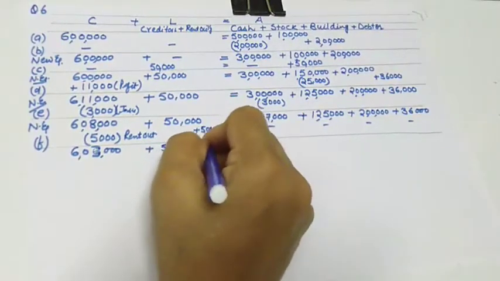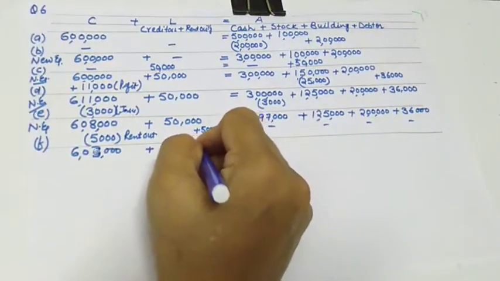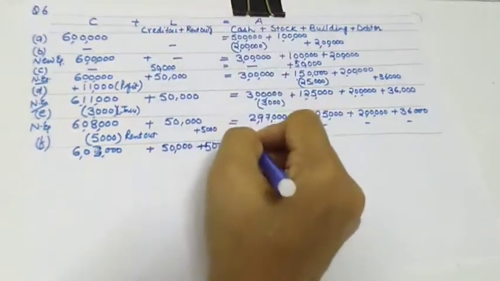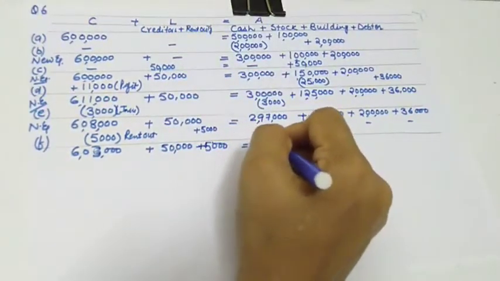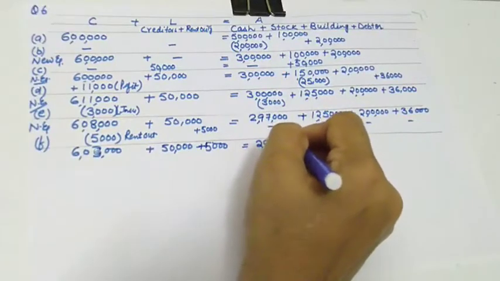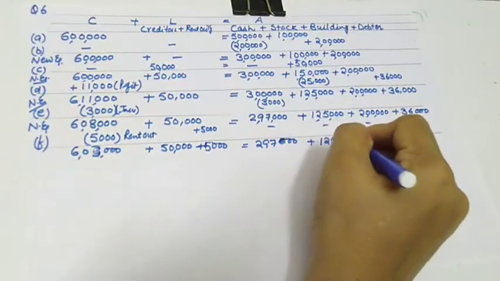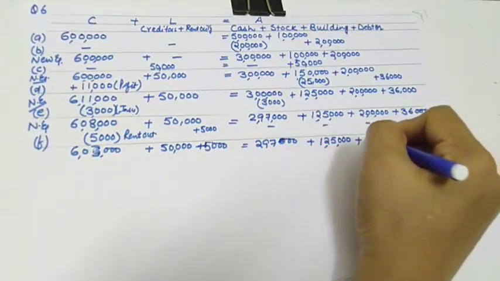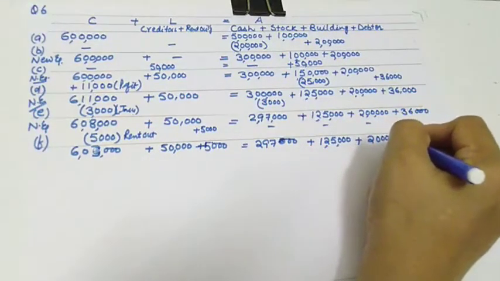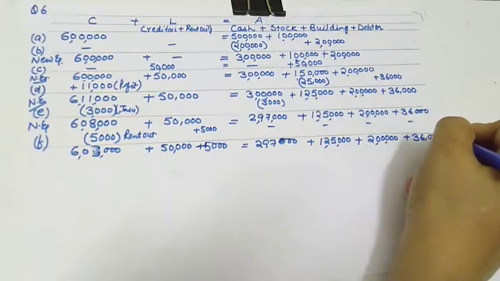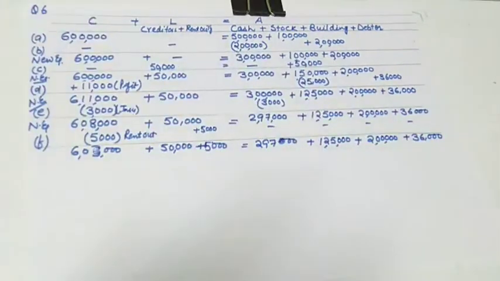No change here, and 5,000 will be recorded here as rent outstanding. Asset side will remain as it is. And these questions are very interesting. Basically the purpose is to teach you how to trace out two items in a particular equation, particular transaction.